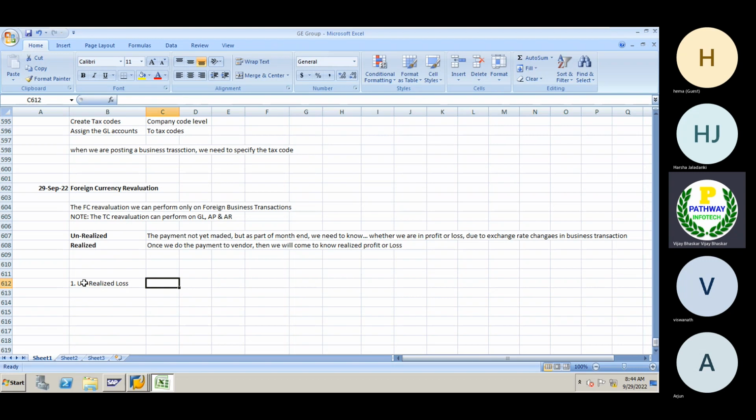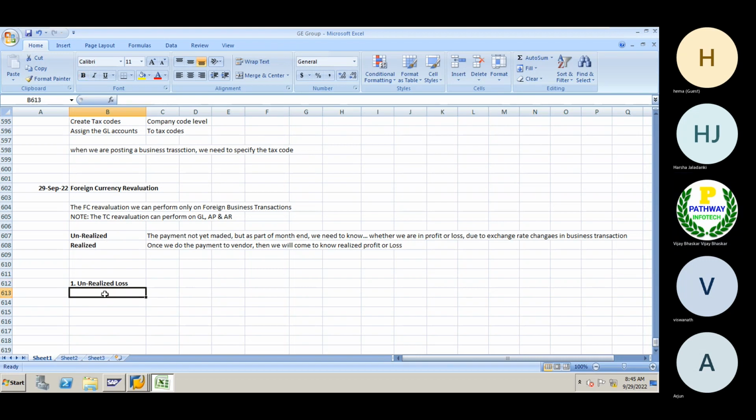First we'll discuss the unrealized loss, and how we are going to calculate it. Remember, this concept is very important from an interview point of view also. In the interview you must explain unrealized gain, unrealized loss, realized gain, realized loss, and along with this concept you must also explain the accounting entries.